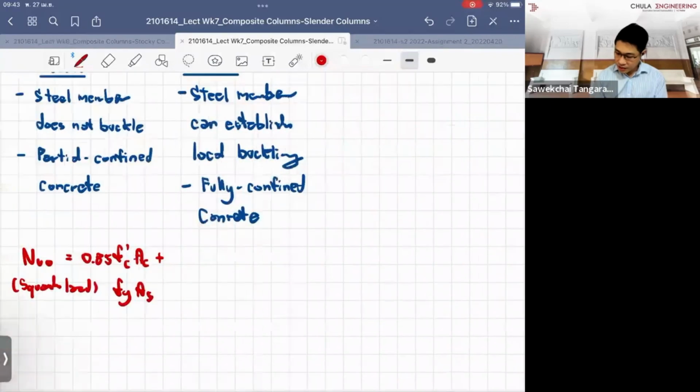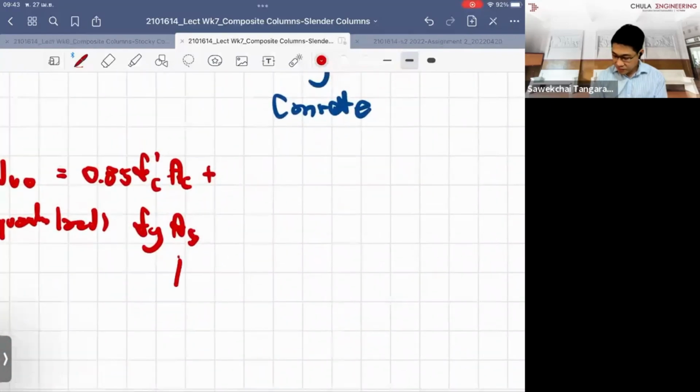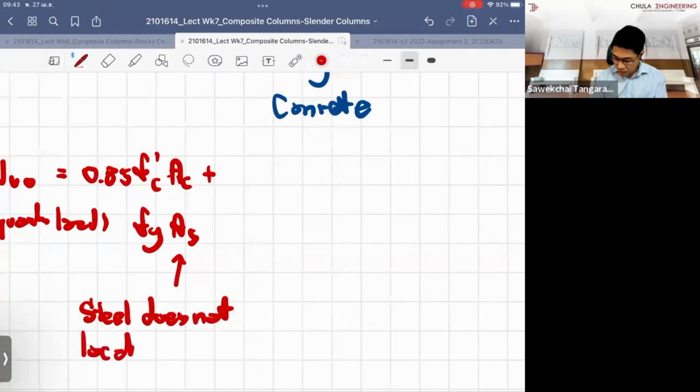In this case, the steel section is compact and, as I said before, doesn't locally buckle.